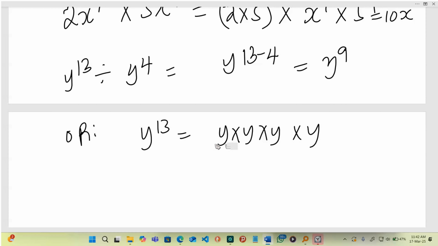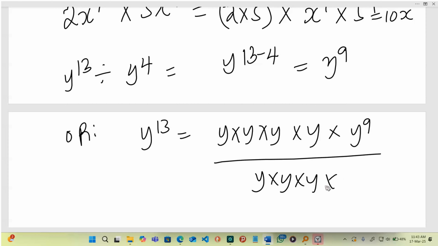If I make the power 4, I can say this is y to power 9 times y times y times y times y, then divided by y times y times y times y. So all this will go, and I'll have y to power 9.